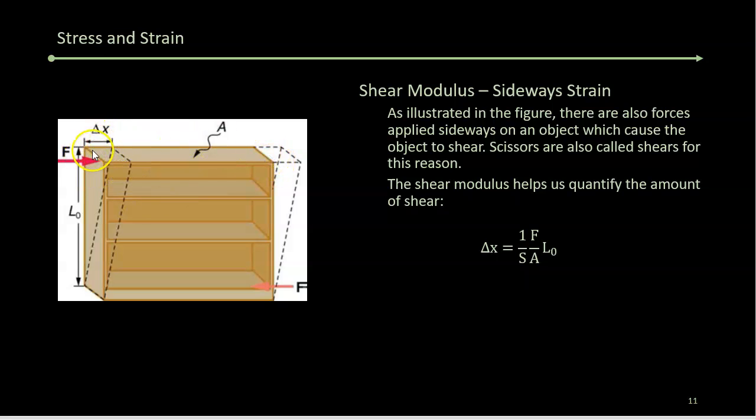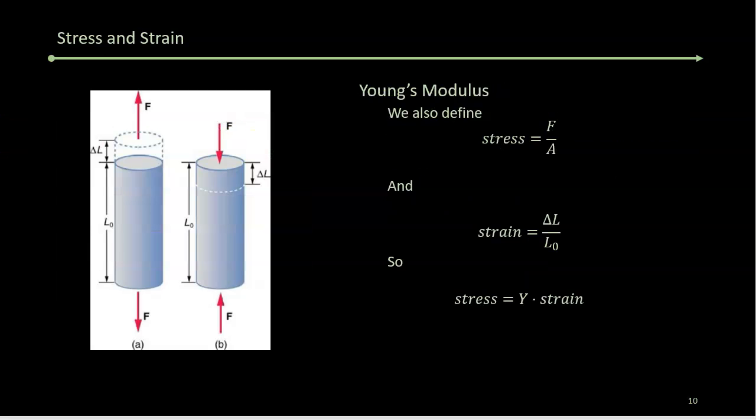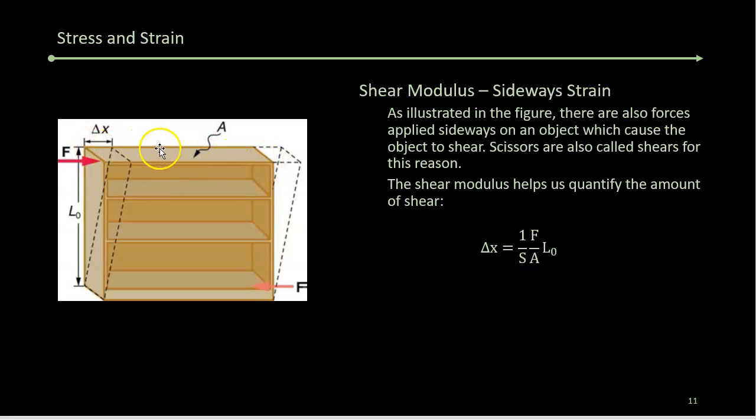There's the A, this area A, that's the area of the bookcase, a cross-sectional area of the bookcase that's in the direction that you're deforming. So it's kind of opposite to this one where your cross-sectional area is perpendicular to the direction you're deforming. Here, the cross-sectional area you're talking about is in the direction that you're deforming.